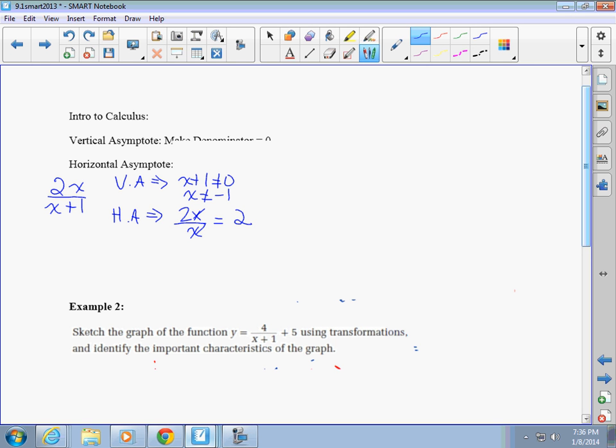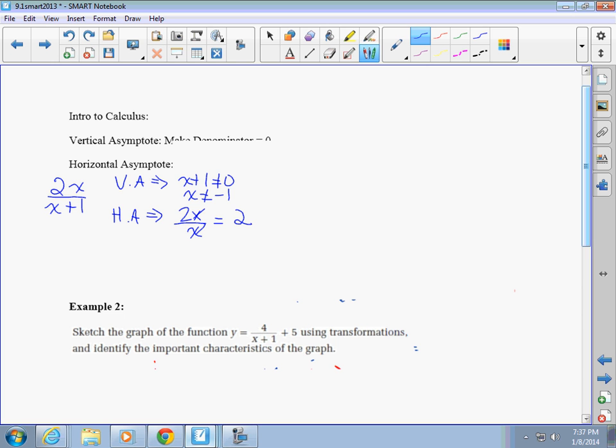I could substitute numbers in for that instead, and I would find the same thing, that as I'm putting in values here, my numbers are getting closer to 2, but they're not touching 2. So if I had 2 times 8 is 16, 8 plus 1 is 9. 16 over 9, well, that's just about 2.